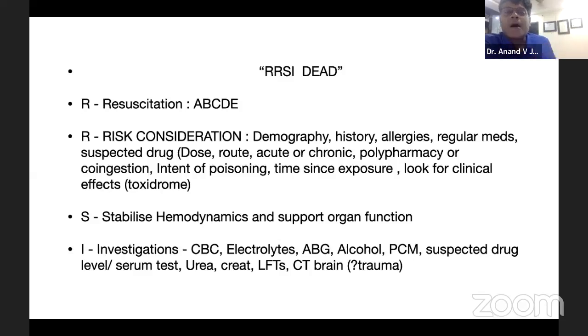RSI means double R, and the first is resuscitation. First and foremost, you don't sit and look for anything else. First, you resuscitate if the patient is hemodynamically unstable. You look for airway. With any threatened airway, you don't wait or think of anything, you just tube the patient. Then breathing, circulation, disability and exposure.